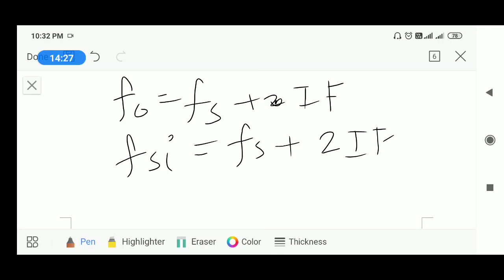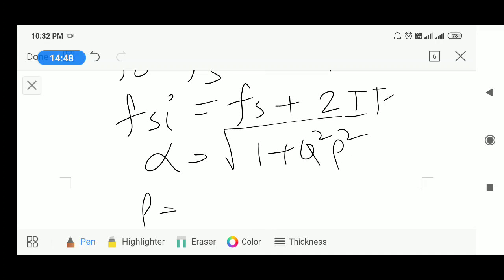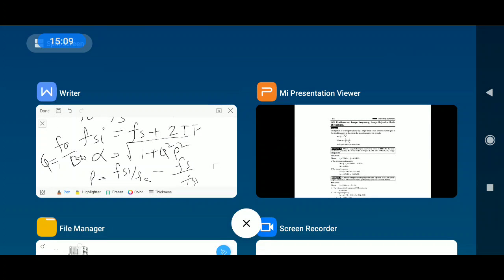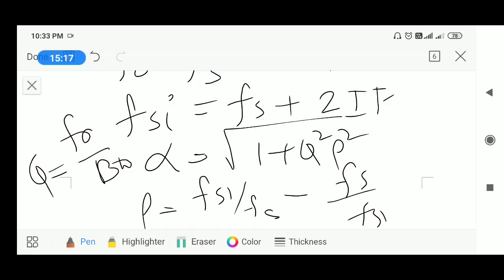Alpha, the image frequency rejection ratio, is equal to under root of 1 plus Q square rho square, where rho is equal to FSI by Fs minus Fs by FSI.